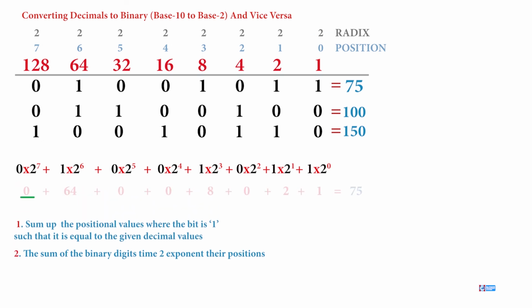Solving this out, we have 0 plus 64 plus 0 plus 0 plus 8 plus 0 plus 2 plus 1, and the answer is 75. Here, we got 1 because any number exponent 0 is 1. This is how you can convert binary back to decimal.